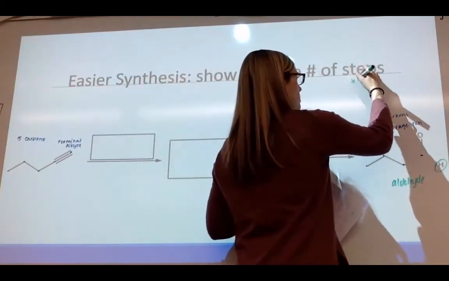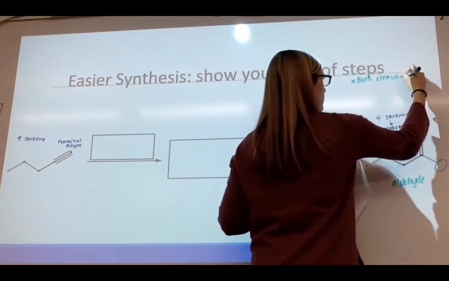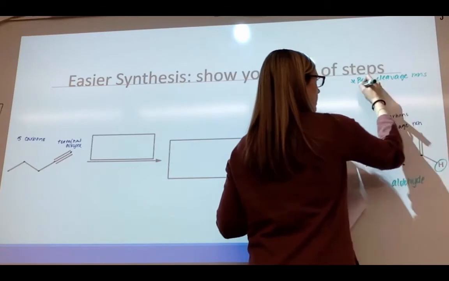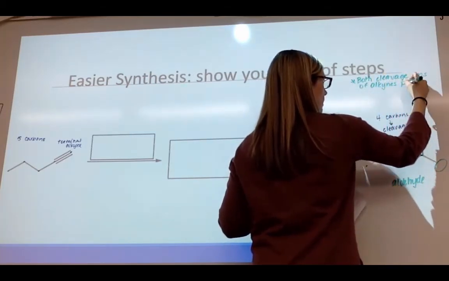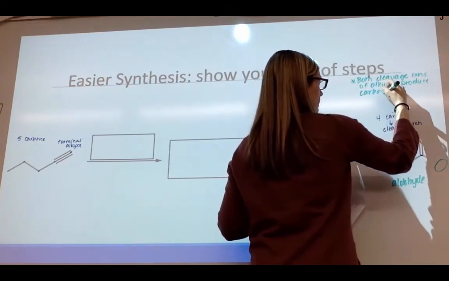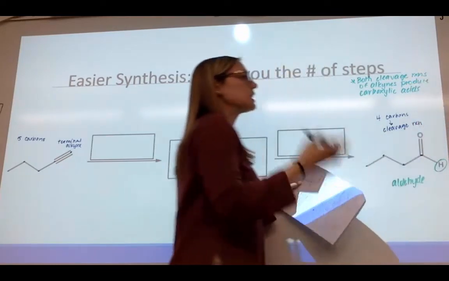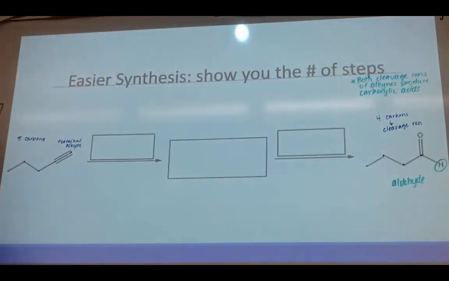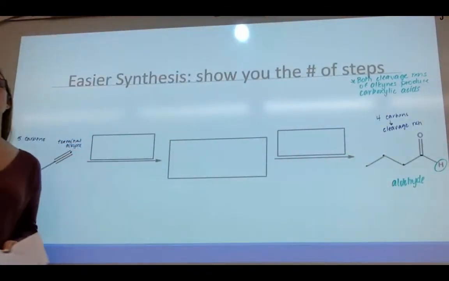So up here, I'll just make this note: both cleavage reactions of alkynes produce carboxylic acids. If you are cleaving a triple bond, you're cutting that triple bond in half, you produce carboxylic acids for both types of cleavage reactions.